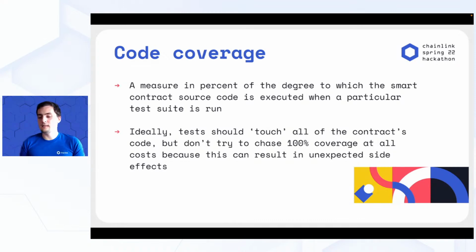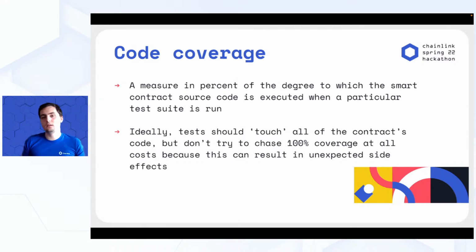So the next thing is code coverage. There are tools to measure this. Code coverage is essentially a measure, in percent, of the degree to which smart contract source code is executed when a particular test suite is run. So when you run your coverage, you will see the percentage of how many lines of code you tested.